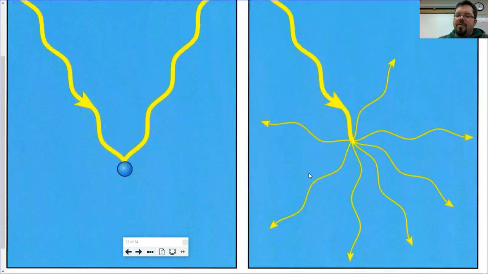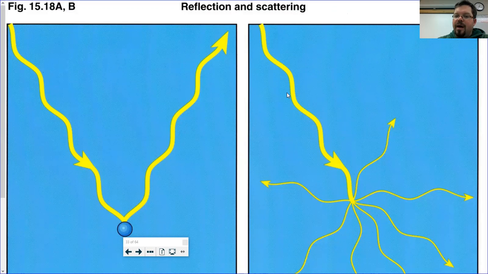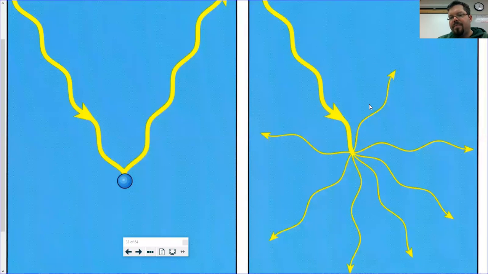Whereas on the right side, this would be a picture of scattering, where here's that same radiation source as it impacts that particle or object. As opposed to being reflected backwards at an angle with equal energy, it gets diffused or scattered.